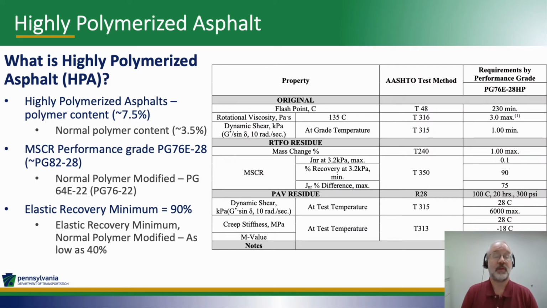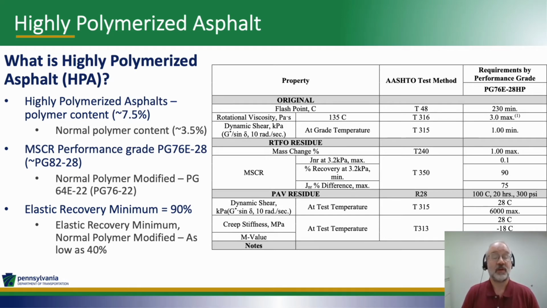So what makes something a highly polymerized asphalt mixture? Highly polymerized asphalts have about 7.5% polymer added to the mix. A normal polymerized asphalt has about 3.5% polymer in the liquid asphalt. The PG grade of a highly polymerized asphalt is in the range of 76E minus 22 in the MSCR system.